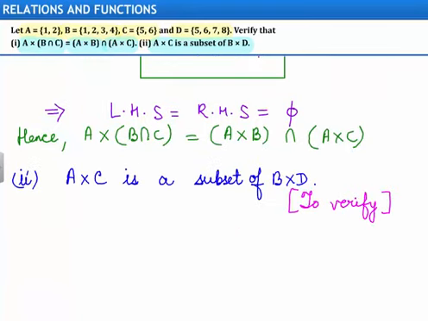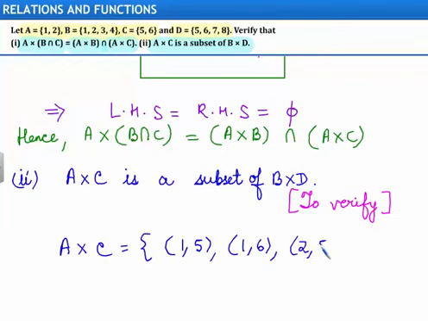So in the second part of the given question, we have to verify A cross C is a subset of B cross D. For that we need to list down the ordered pairs of A cross C. So A cross C is equal to (1, 5), (1, 6), (2, 5), (2, 6).